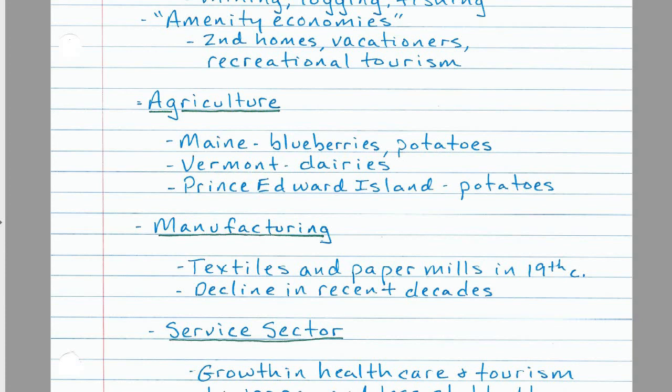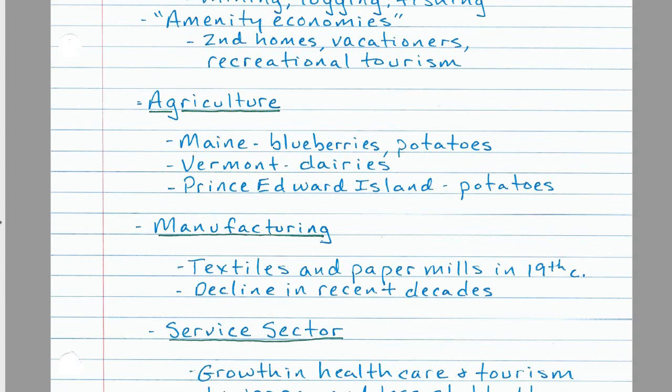Vermont is really known for its dairies, and so there isn't a lot of great agricultural land for farming, but there is good dairy opportunity there, and so they've developed a dairy tradition, and that sustains some of the Vermont economy. Prince Edward Island is known for its potatoes, so also places where you have not so great soil and cold climates, potatoes tend to do fine.